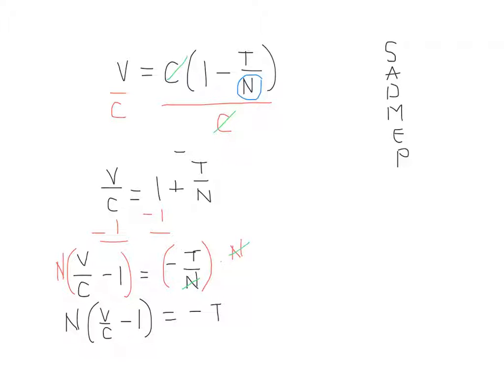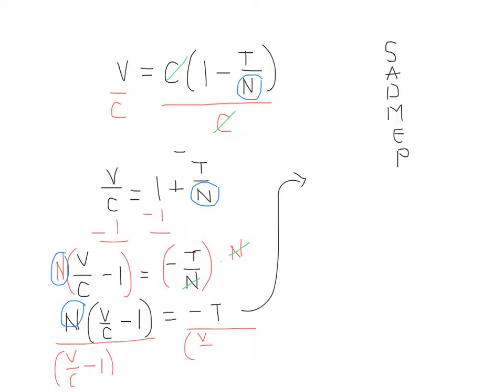Now keep in mind our overall goal here along the way is that we are trying to get n alone. So we ask ourselves what operation is occurring with that n. And at this point in time, n is being multiplied by that quantity, v over c minus 1, so we want to undo that multiplication by that quantity by dividing by that quantity on, of course, both sides of our equal sign.